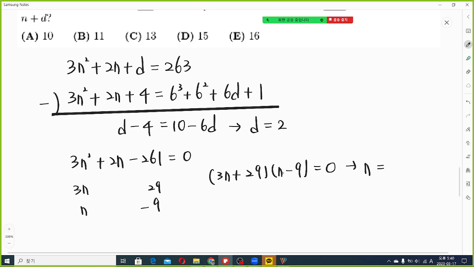I mean, which value of N makes this parenthesis 0? Can you hear me? Can you find the value of N? Yeah, N equals 9. But this one doesn't make sense. N should be an integer.